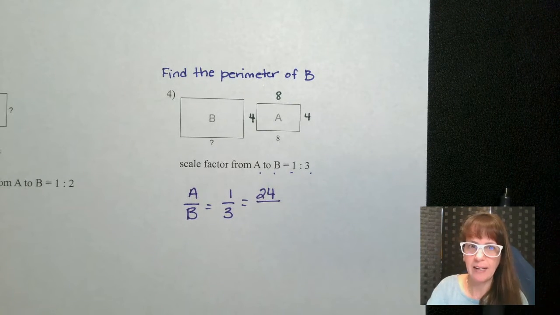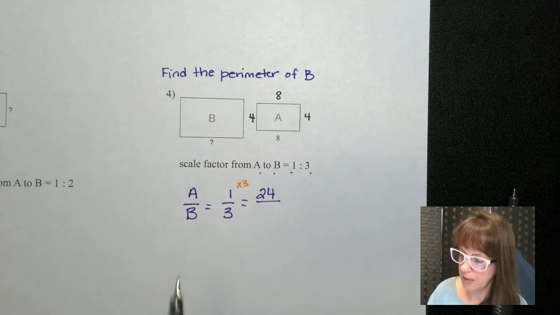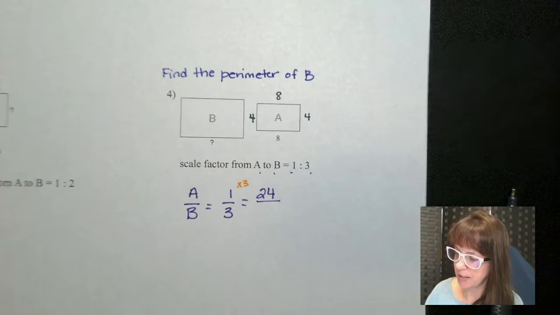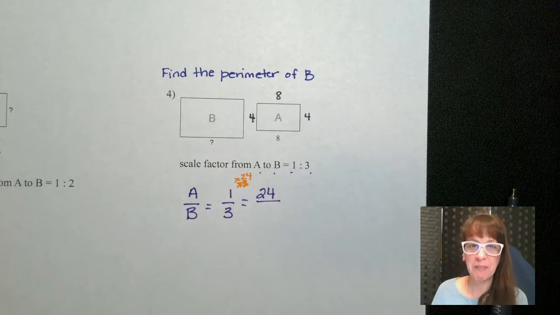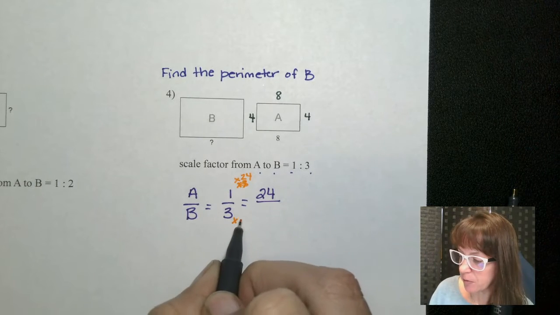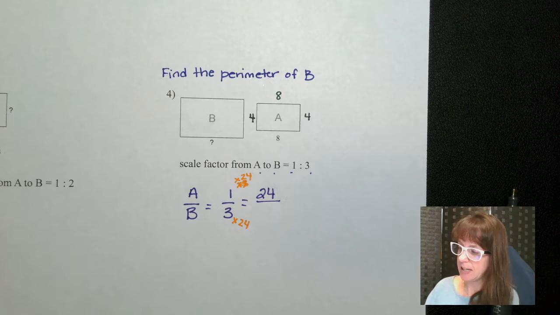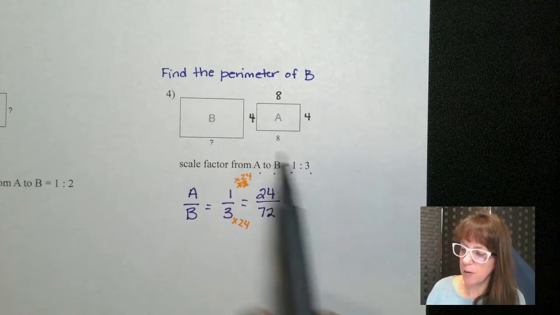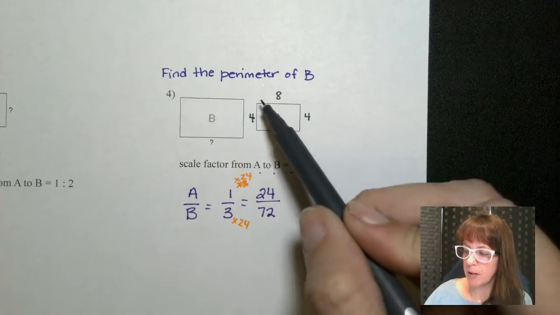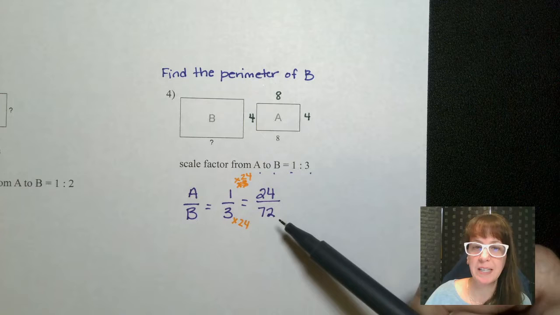Well, if you look at A, I would need to multiply 1 times 24 to get 24. And if I multiply by 24 upstairs, I've got to do it downstairs as well. So then we would have 72. The perimeter of this one would be 24 units. The perimeter of this one would be 72 units.